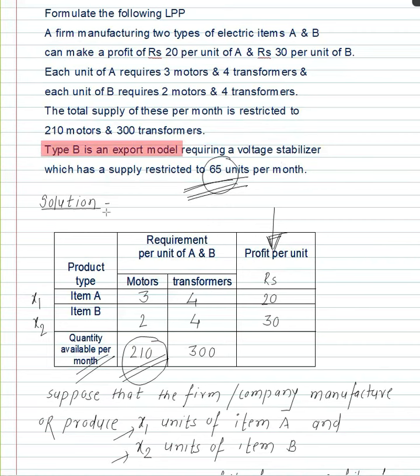It requires voltage stabilizer and its supply is restricted to 65 units per month. And we are manufacturing how many units of B? We are manufacturing x2 units of B. So x2 should not be greater than 65. Therefore, we write x2 less than or equal to 65. This is the third constraint.